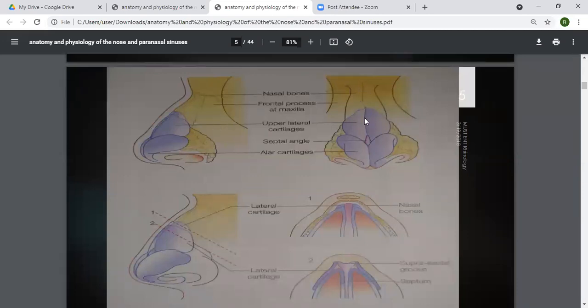And laterally, this is the frontal process of the maxilla. So this makes up the upper third of the external nose, while the lower 2/3, as you can see, is composed of cartilage. This is the upper lateral cartilage. So we have the paired cartilages, the upper lateral cartilage, then the alar cartilages, and in the middle, you can see the septal angle where the septum attaches to those cartilages.